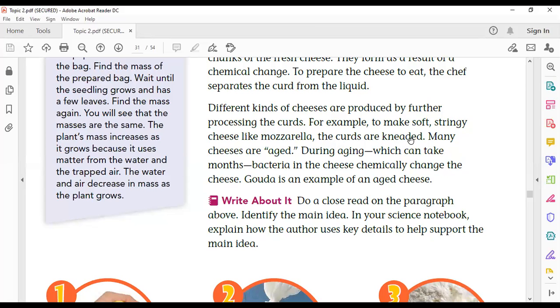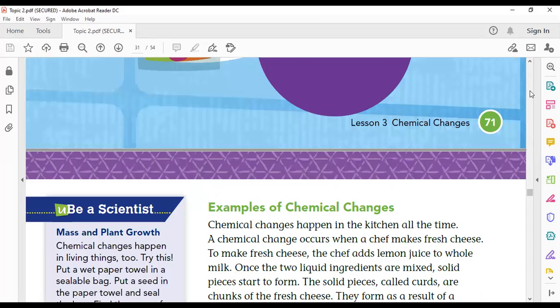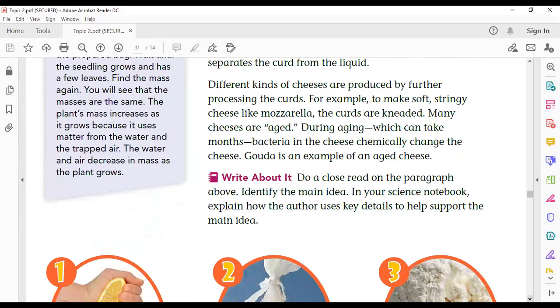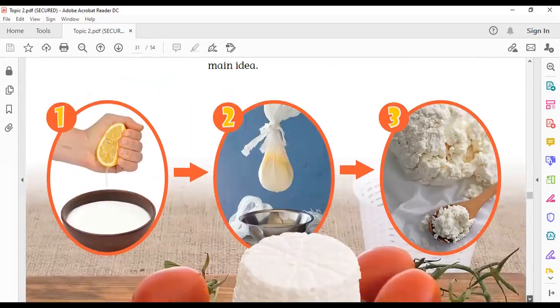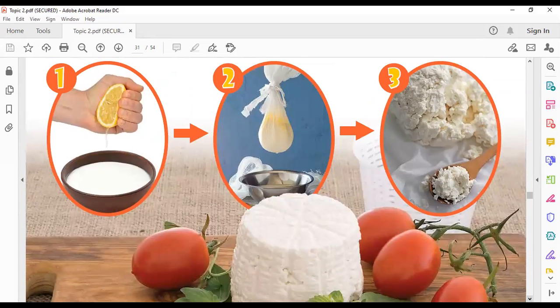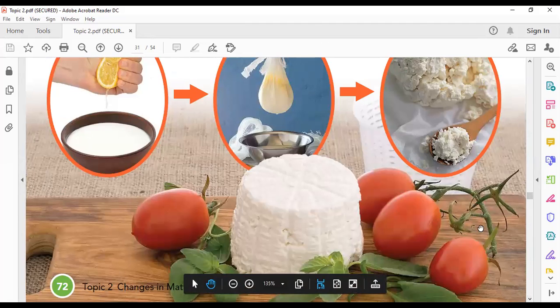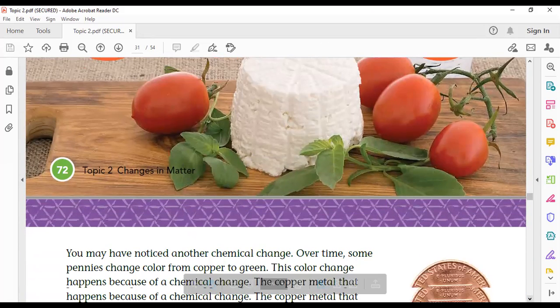Anyway, these are examples of chemical changes in the kitchen. Making cheese is an example of a chemical change. Look, these are the steps of the cheese, and how it's a chemical change. Let's read the next page.